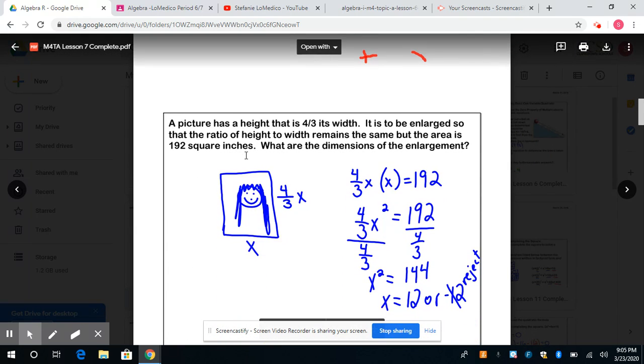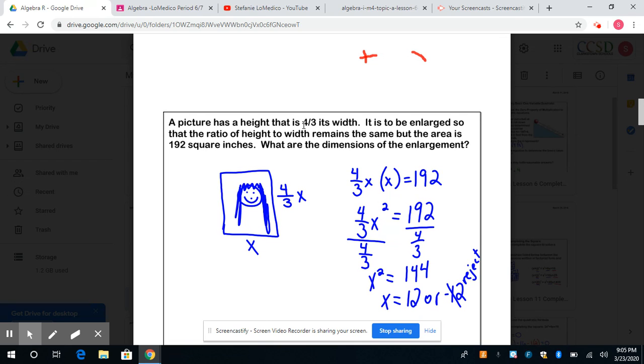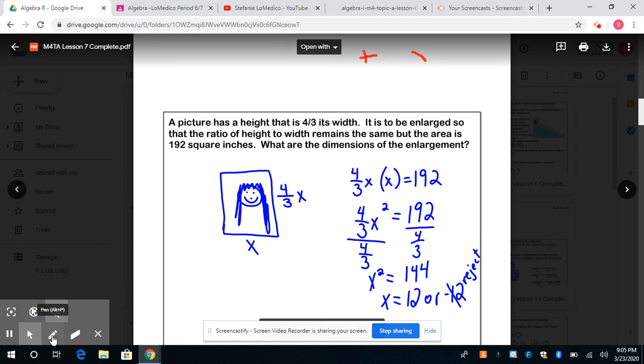Let's see. A picture has a height that is 4/3 its width. So if you're talking about something that's 4/3 of another thing, you're multiplying. So that's something to know. This is multiplication. Like if you're saying that your dog is half your weight, so let's say you're 100 pounds, you're technically doing 100 times a half to get that 50 pounds.